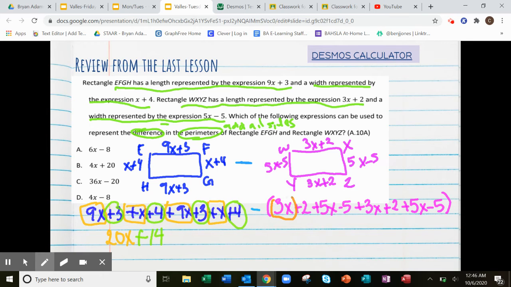I'm going to go ahead and group my like terms. I have all my x's together. So 3 plus 5 is 8. 8 plus 3 is 11, and then 11 plus 5 is 16. That's 16x. Then I'm going to do the same thing with my constants.